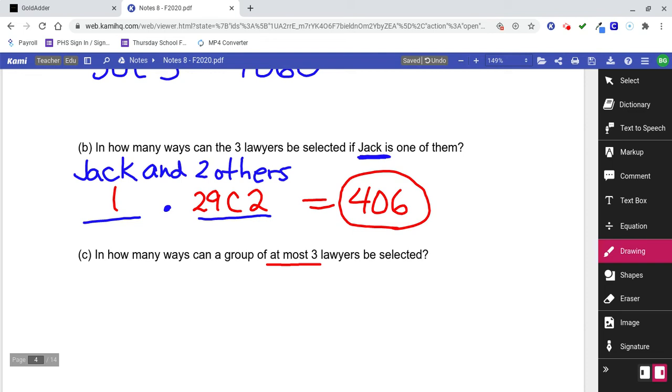No more than 3. Okay, yes, but I want to be precise. That's pretty much saying the same thing. Let me reword. I want to reword at most 3 into language using the words and or. Okay? So can somebody give me a phrase using the word or? What's at most 3 mean?